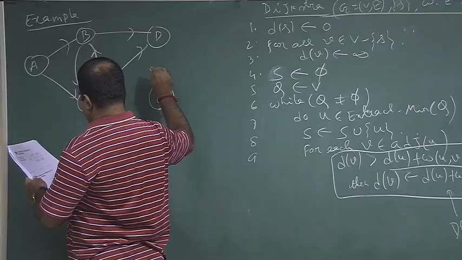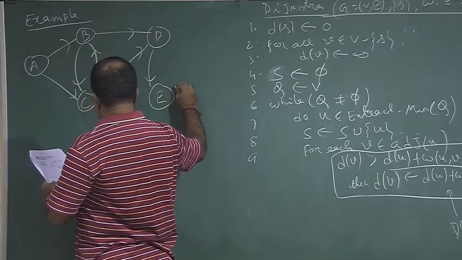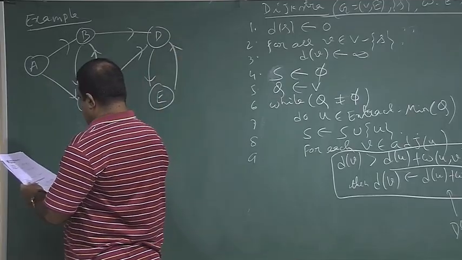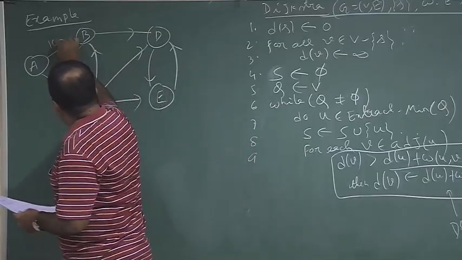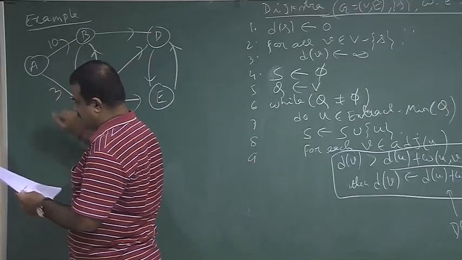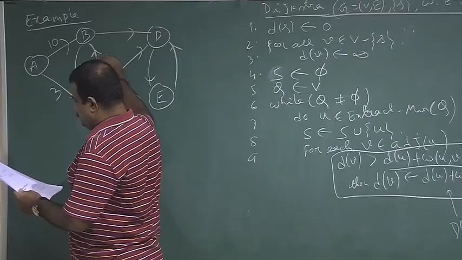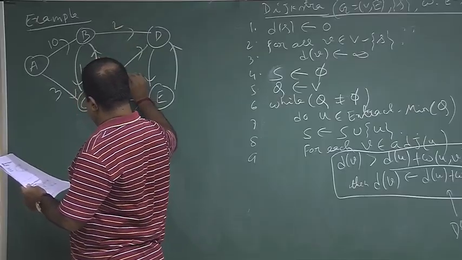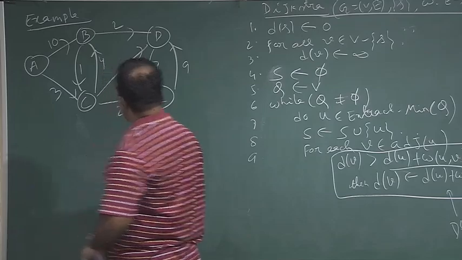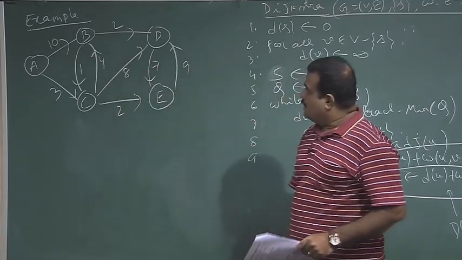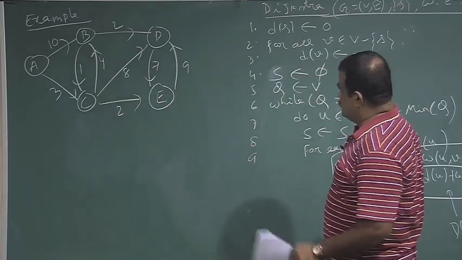This is a diagram, and we have to give the weights, and we are not allowing any negative weight to avoid the negative cycle. 2, 8, 7, 9, 2. Suppose this is the graph, and we have to execute Dijkstra's algorithm on this.